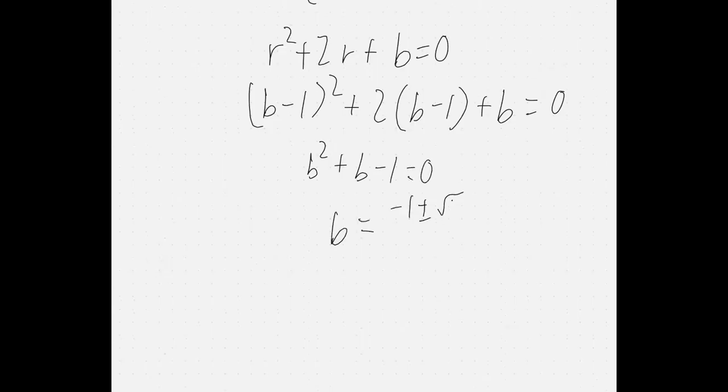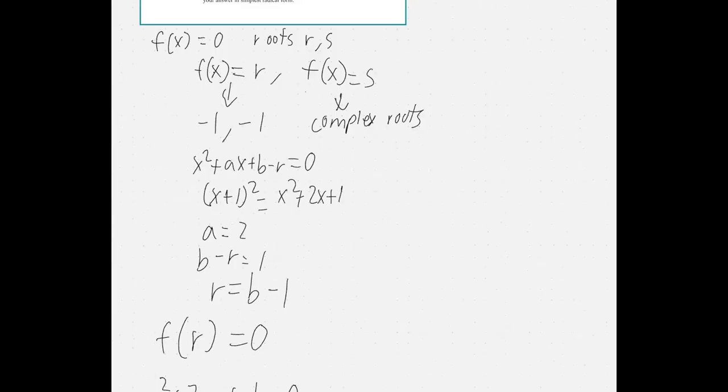But now from f of x equals s, and these are complex roots, the quadratic is x squared plus ax plus b minus s equals 0. Because they're complex roots, the discriminant must be less than 0. So that's a squared minus 4 times b minus s.